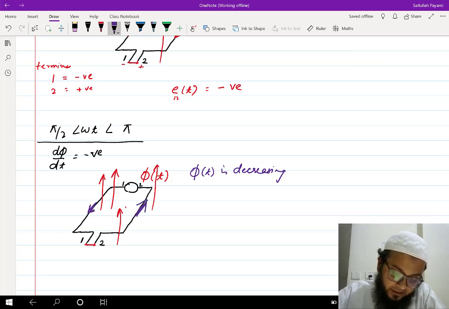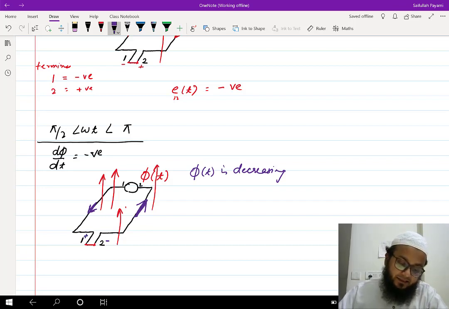So this is possible when terminal 2 is negative and terminal 1 is positive. So it means in this region we will have E12 of t as positive.